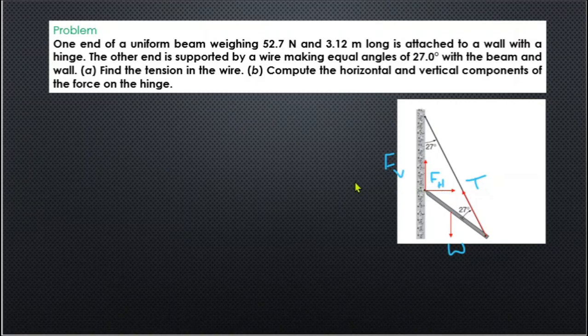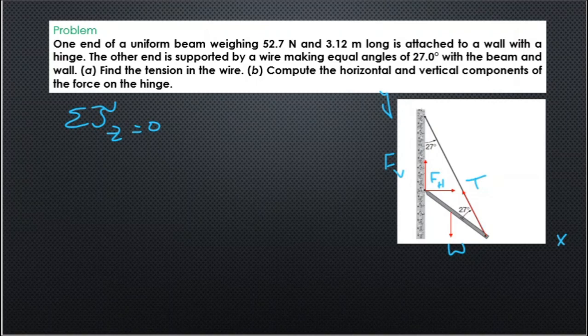As we know, according to the conditions of equilibrium, all of these forces lie in the XY plane. So we would have three conditions for equilibrium. According to the first condition of equilibrium, our sigma tau z should be equal to 0.